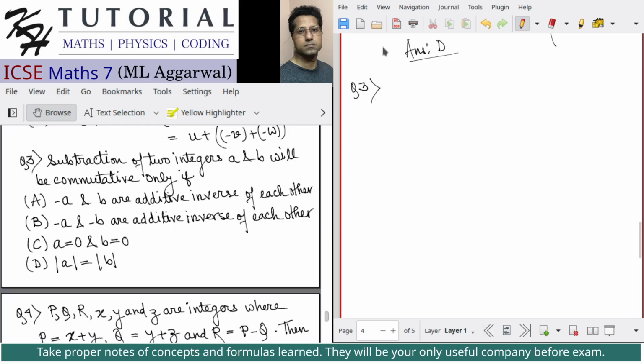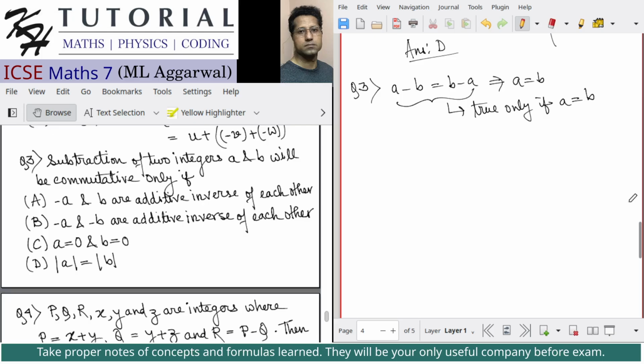Subtraction of two integers A and B will be commutative only if. In the quick notes, I have already explained that the subtraction operation of two integers, A minus B, will be commutative, meaning A minus B will be equal to B minus A, which implies that A has to be equal to B. This will be true only if A is equal to B. So this is the condition.